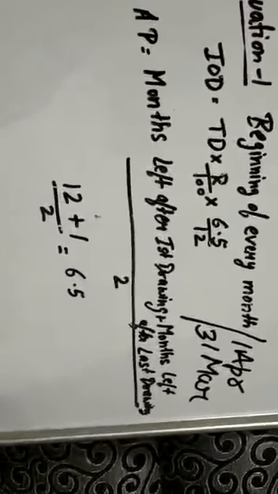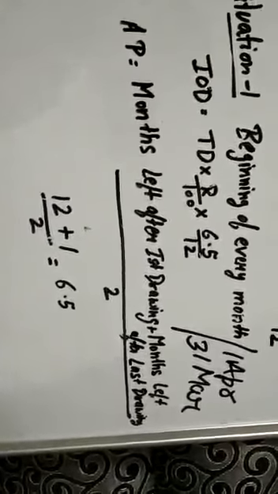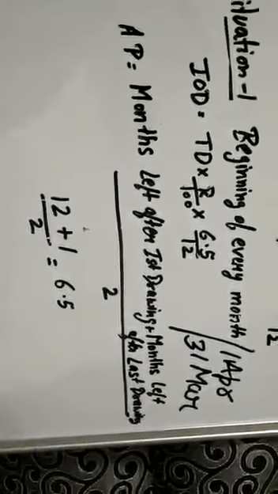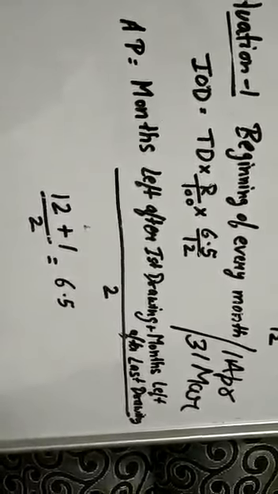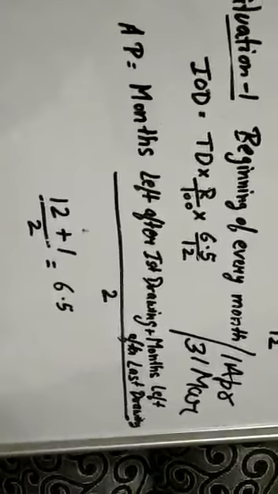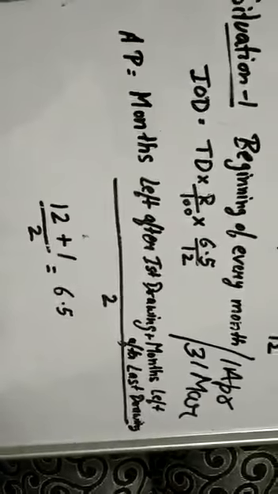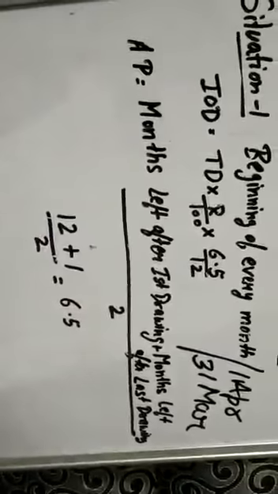I am repeating, students. Months left after first drawing: he has made the first drawing on 1st April. The last drawing will be on 1st March. So you have to calculate months till 31st March. How many months are left? You have to put it in the formula and divide by 2. It will come out to be the average period.